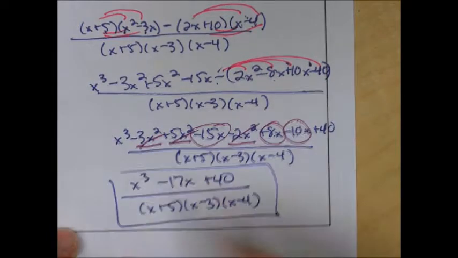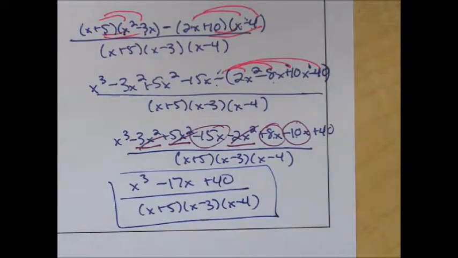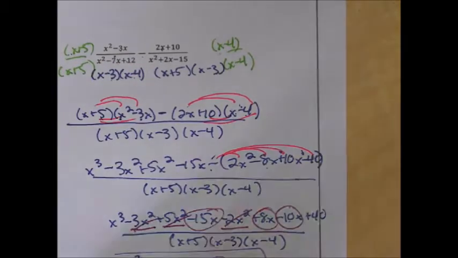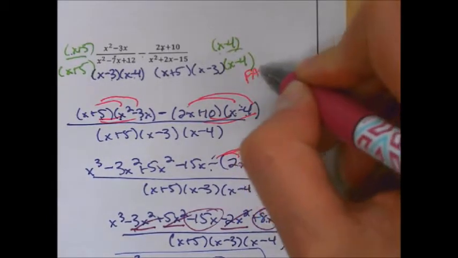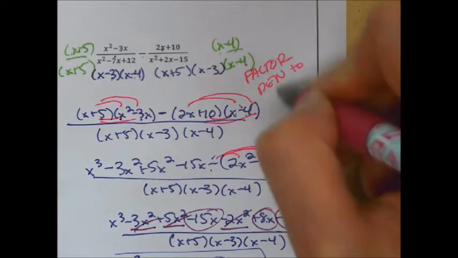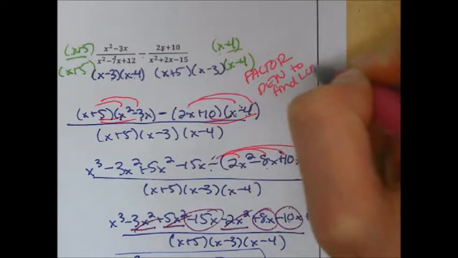And that's the answer. I know it's a long problem. Key thing to remember though, factor the denominator to find your least common multiple.